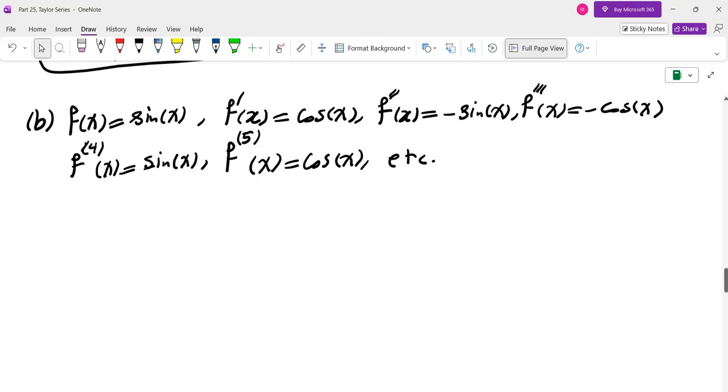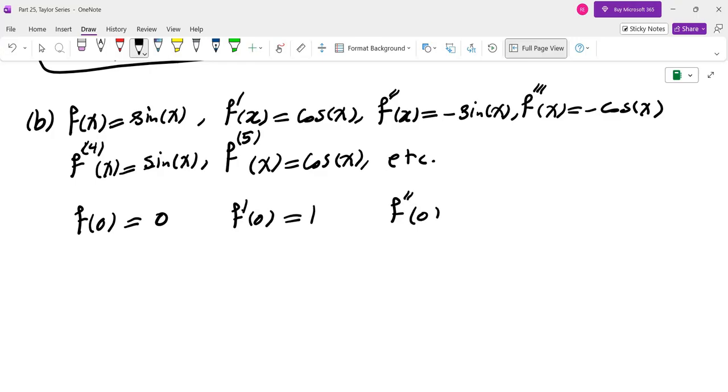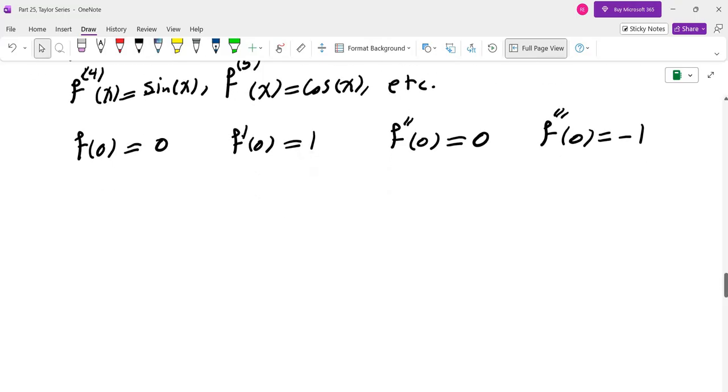So that means if I evaluate these at 0, I would get sine of 0, cosine of 0, negative sine of 0, and negative cosine of 0. And then the rest is going to repeat. So what we get is the first term is 0.